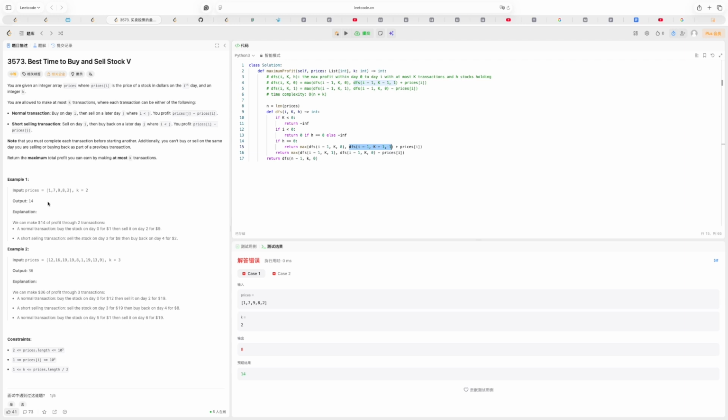Buy the stock on day 0 or 1, sell it on day 2. Eight. Sell the stock on day 3. So I can sell first, then buy it back.